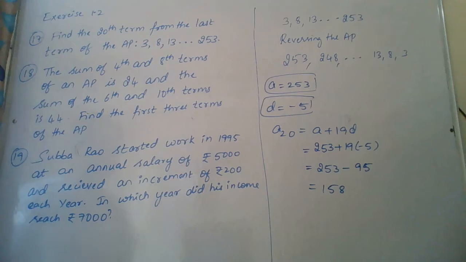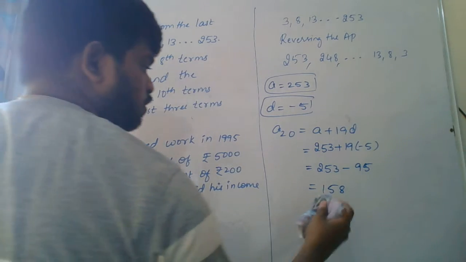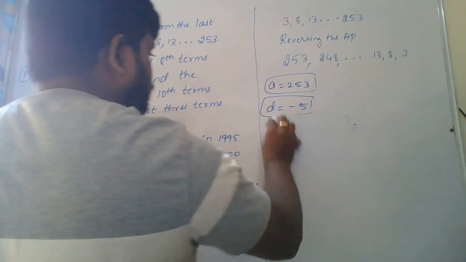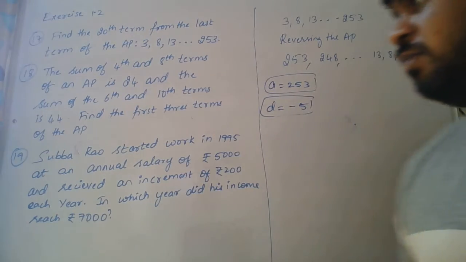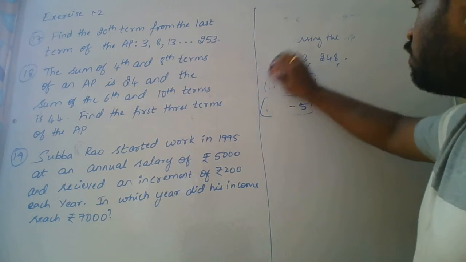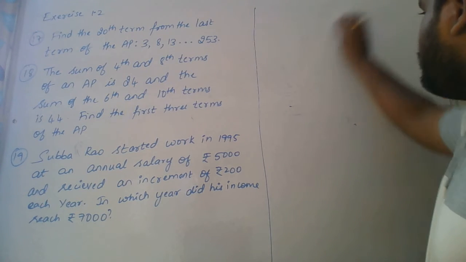Okay, let's go to the next problem. The sum of the 4th and 8th term of an AP is 24, and the sum of the 6th and 10th term is 44. Find the first three terms of the AP.